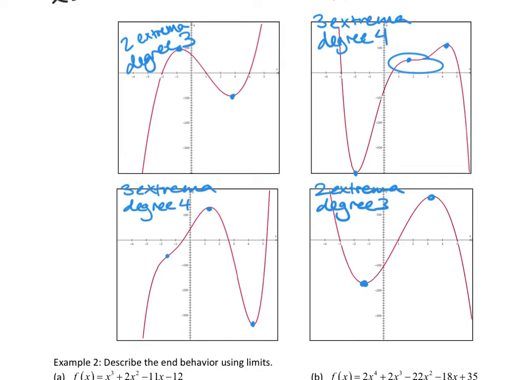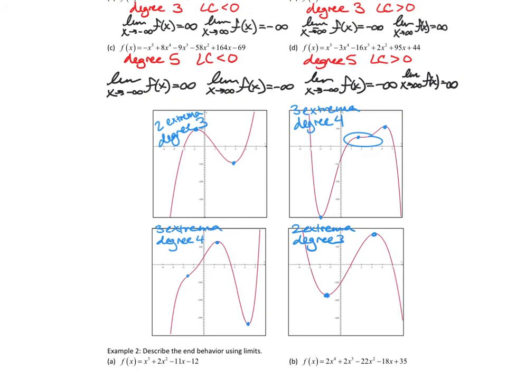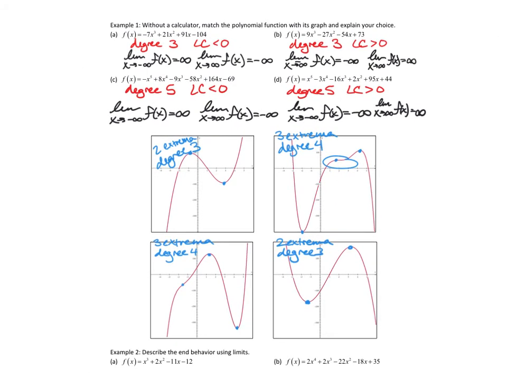Now the reason that we looked at the degree shown on the graph is because now we can match up end behavior and degree. For this first graph, I have the end behavior on the left going to negative infinity and on the right going to infinity. Well, there were only 2 graphs, B and D, that had that end behavior. One of them is a degree 3, one of them is a degree 5.